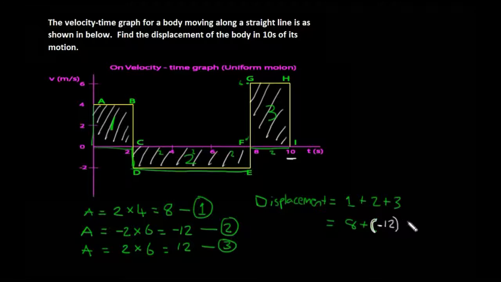Okay, this is the opposite direction. That's why it's negative. Plus 12. Hence, we get the answer is equal to 8 meters, because minus 12 and plus 12 will cancel out.